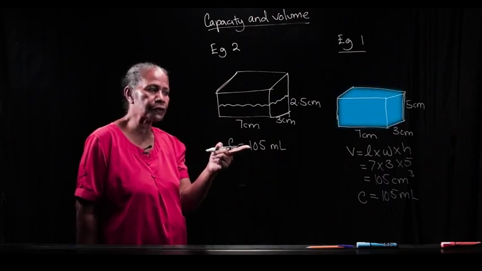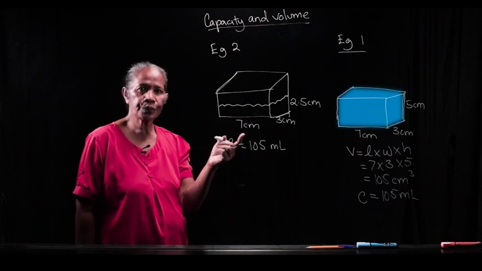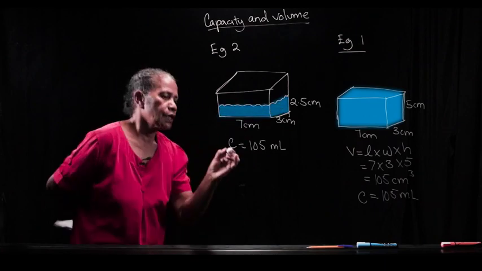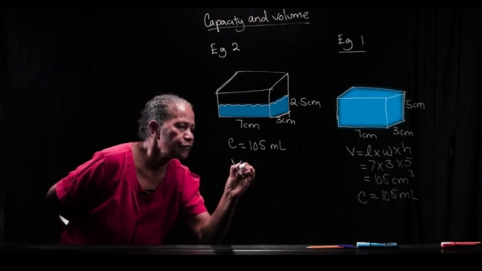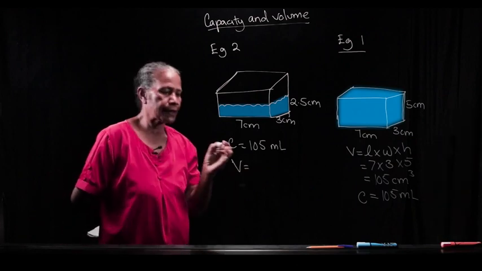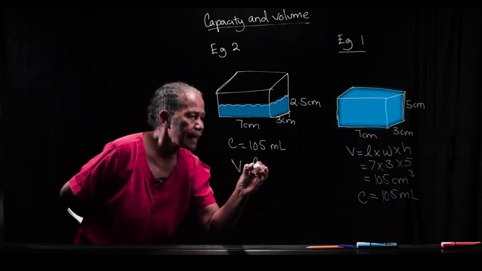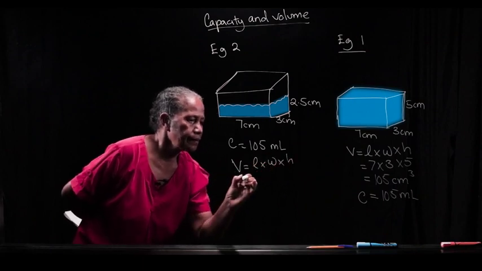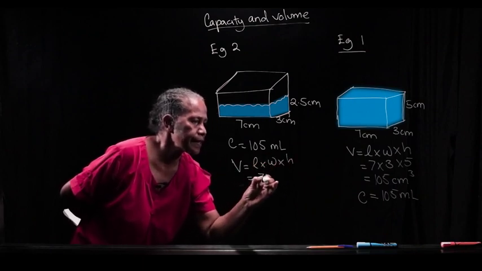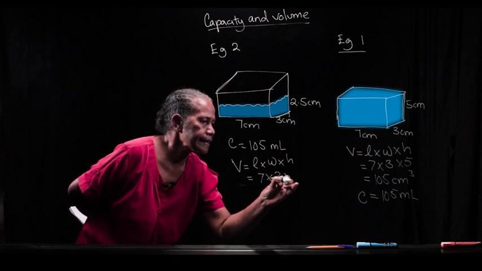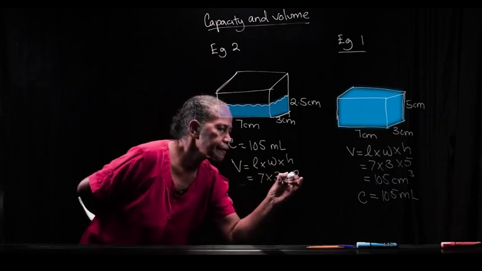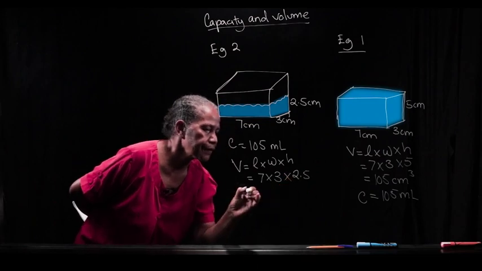Now we're going to look at the volume after the tank has been used. Again, the volume formula is the same: length times width times height. The length is still the same, the width is still the same, and it's the height that is now half, 2.5.